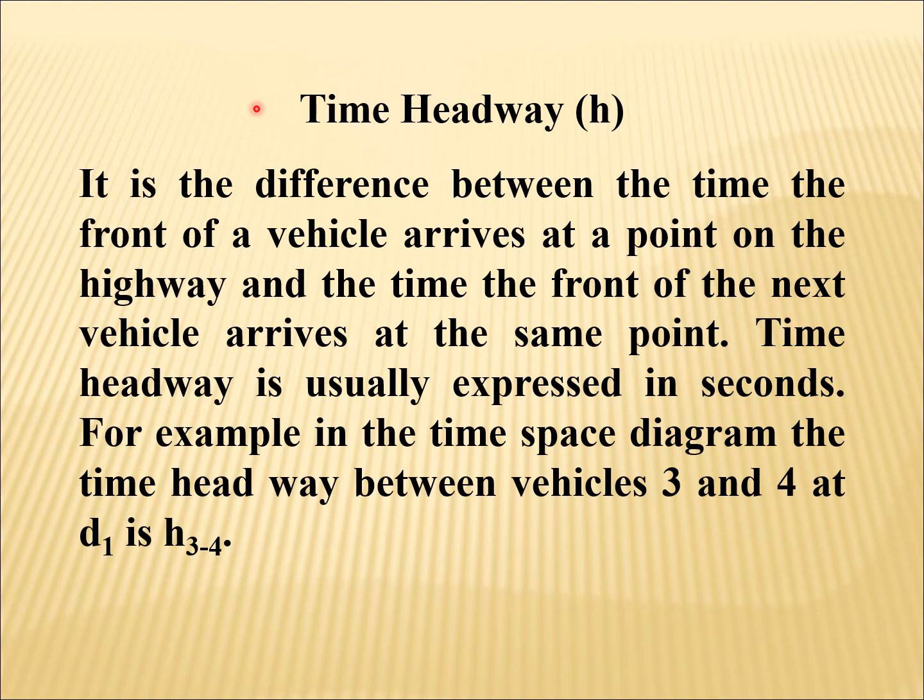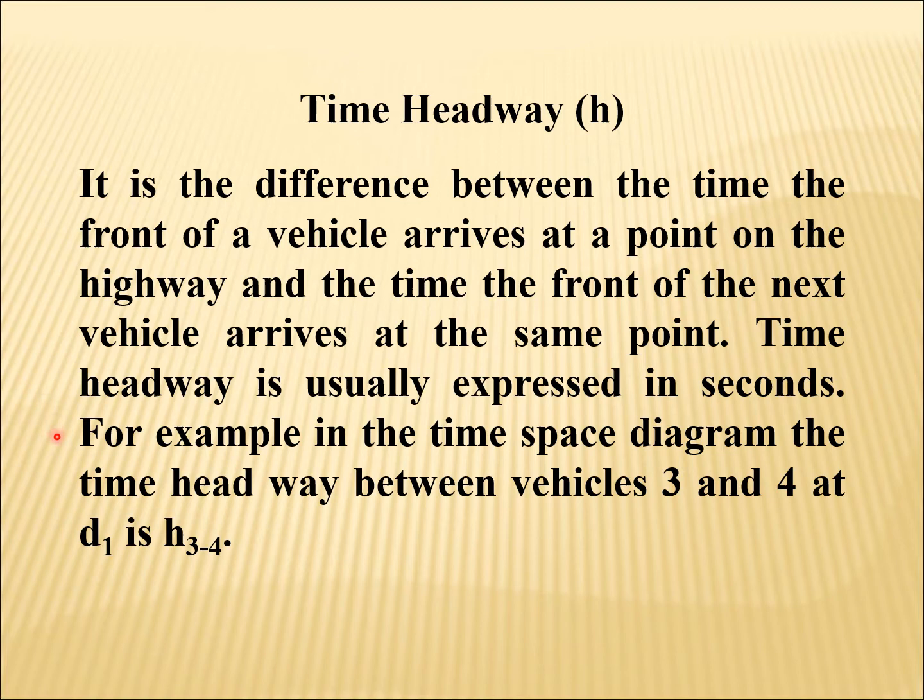The next term is the time headway, small h. It is the difference between the time the front of a vehicle arrives at a point on the highway and the time the front of the next vehicle arrives at the same point. Time headway is usually expressed in seconds.